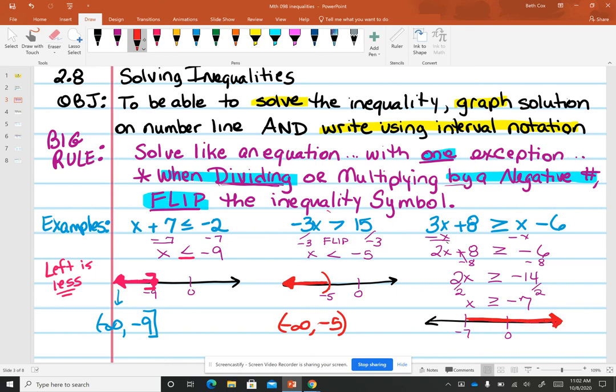It does say equal, so I'm going to color the -7 and put a bracket on it. All right, so now for my interval notation, on the left I have -7, on the right I have positive infinity. Infinities always get a parentheses, and the number's going to get a bracket.